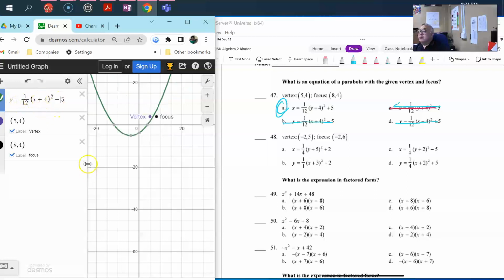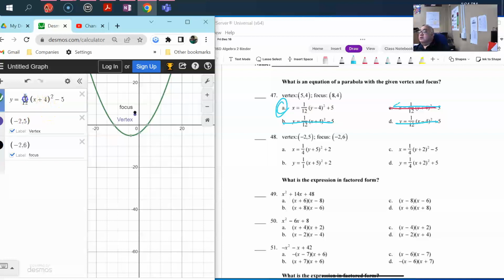So your answer is, we'll do 48, just so we can make sure that we have it right. So what is the equation of the parabola with the given vertex and focus? So the vertex is -2, 5, and the focus is -2, 6. And our equation is, let's try y.